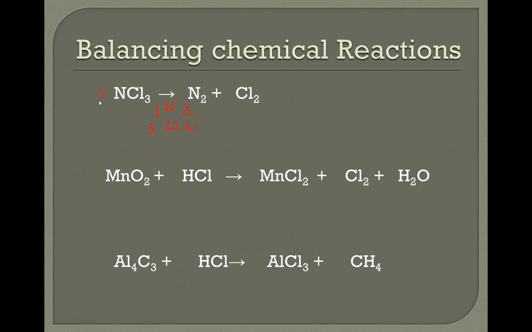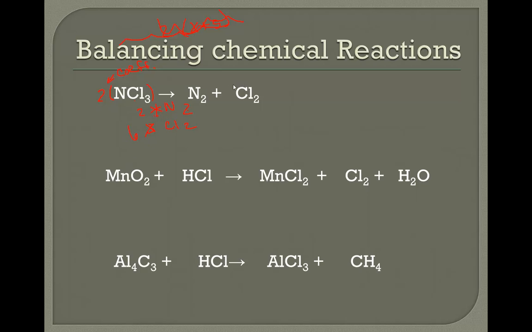Like if you had x plus 5, you would multiply that whole thing by 2. So these coefficients, that's what these are called, are multiplying that entire compound by that number. So we no longer have 3 chlorines on the left. We now have 6, which means I need to multiply this by 3.